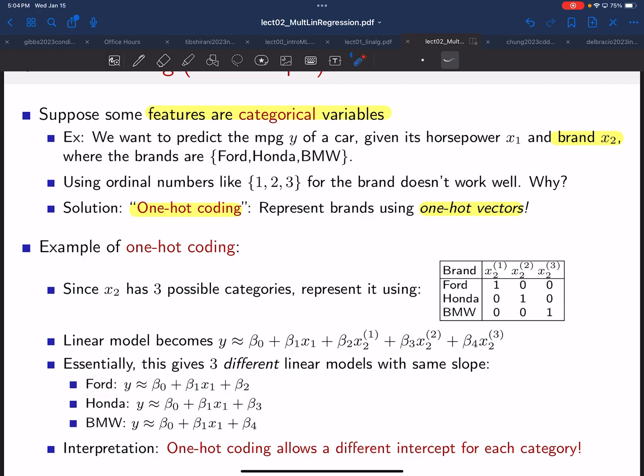For the Ford samples, because of this coding, I know that X2 1 will be 1, and I know that this will be 0 and this will be 0. So all the Ford samples will basically look like this. Meanwhile, all the Honda samples will be 0, 1, 0, so these vanish and you just have a beta 3 like this. And likewise, the BMW samples will look like this.